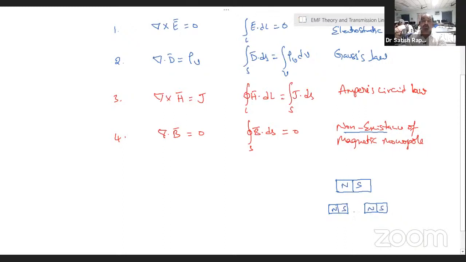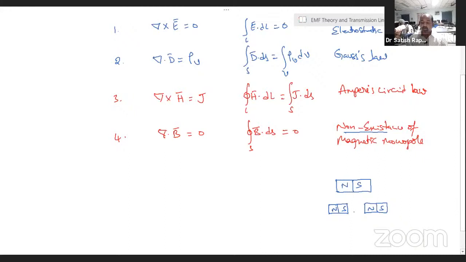So you cannot separate the north pole and south pole in a magnet. Therefore, non-existence of a magnetic monopole. Mono means single pole is not available, does not exist.